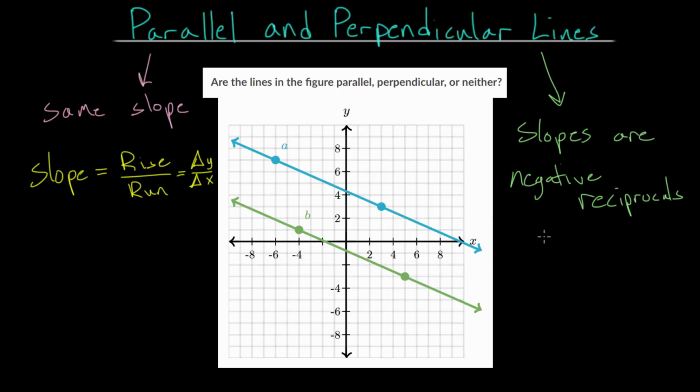So let's say we have two lines, y1 and y2, and we'll say they are perpendicular to each other. And let's say this has slope m1 and this has slope m2. Since we usually use m to define the slope, at least in slope-intercept form, the slopes are related by this fact here: the slope on line 1 will be the opposite of the reciprocal of the slope on line 2.